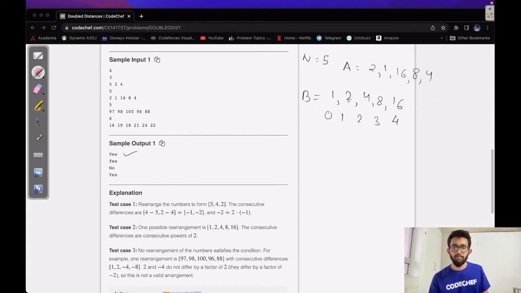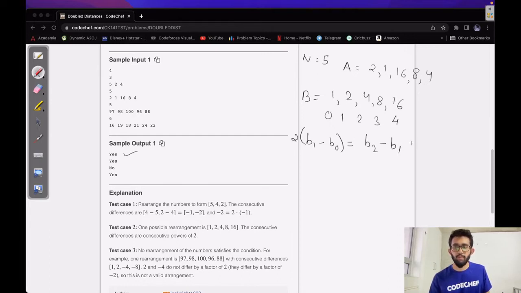These are the indices. This is because 2 minus 1 is 1, and if we multiply 1 by 2, so 2 into 1 will be equal to B2 minus B1, that is 4 minus 2.